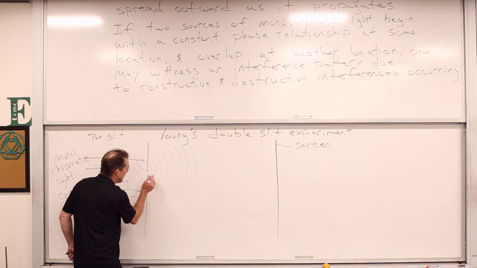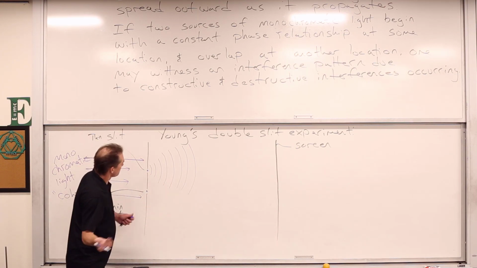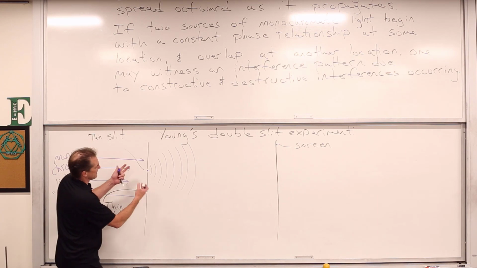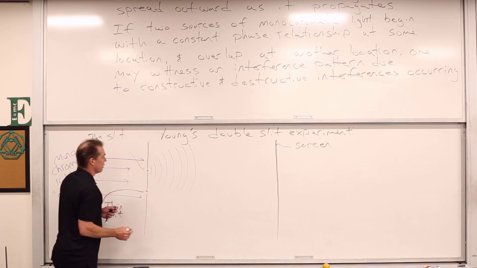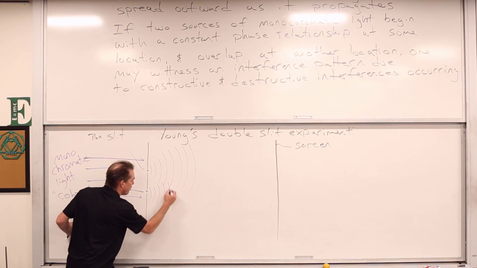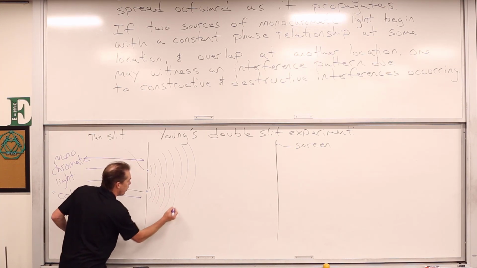The separation between these is a wavelength of the wave itself, which is hard for me to preserve there, but these should all be equally spaced. But this is what we end up getting. We get that because these started in phase like this, and as they spread outward more and more, they start overlapping.